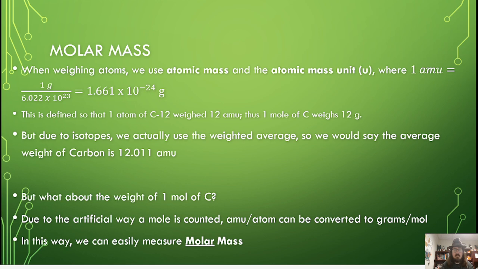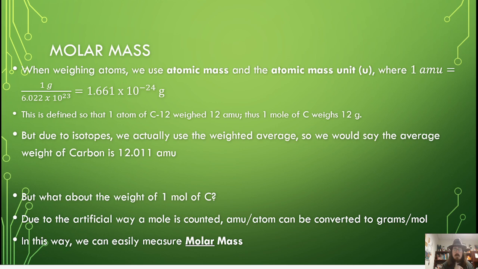Well, because of the nature of AMU, grams, and moles, we can figure out the weight of 1 mole of carbon, because of what we've qualified a mole as. An AMU per atom has a 1-to-1 relationship as gram to mole.